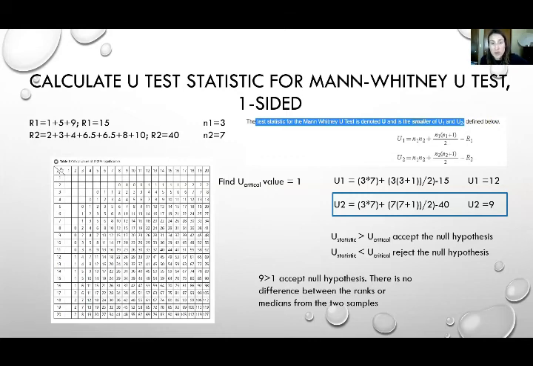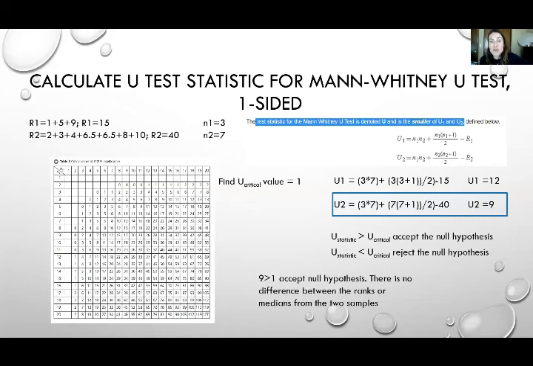Okay, so that's a lot of words, but let's look at the numbers that we calculated. We have 3 times 7 because those are the values of N in each group. And we add that to the N in group number 2, 7, times 7 plus 1, divided by 2, and then you subtract 40, which was the ranking for group 2.